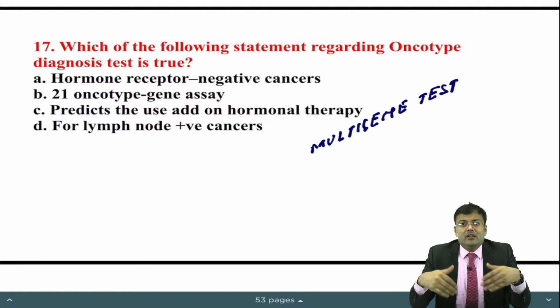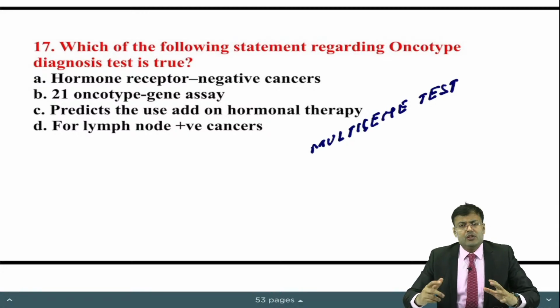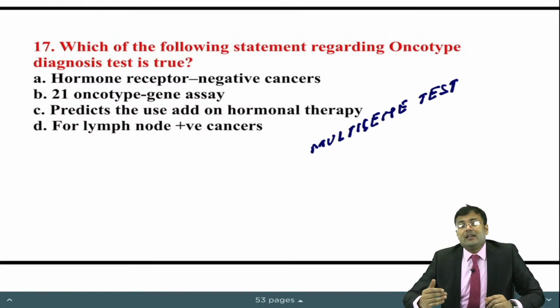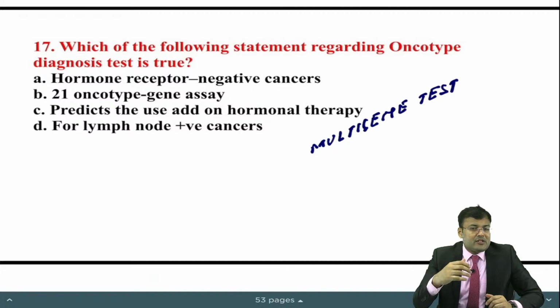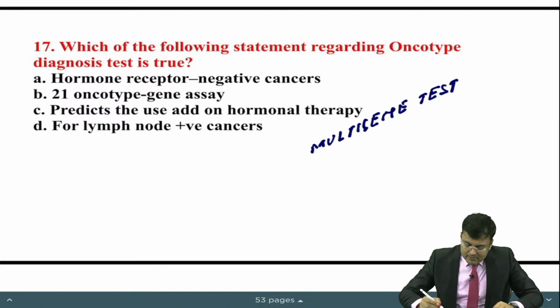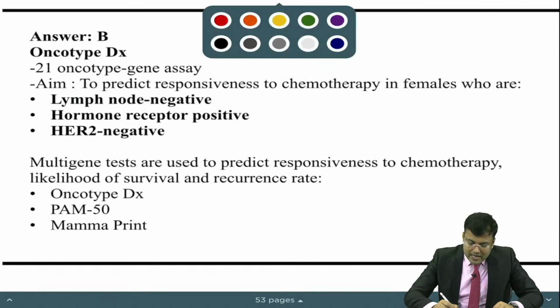On the basis of expression of multiple genes, you are going to predict the responsiveness to chemotherapy, the recurrence rate, or the survival. Whether the tumor will respond to chemotherapy or not, how much will be the risk of recurrence, and survival, that is multi-gene test. One of the multi-gene test is Oncotype Dx.